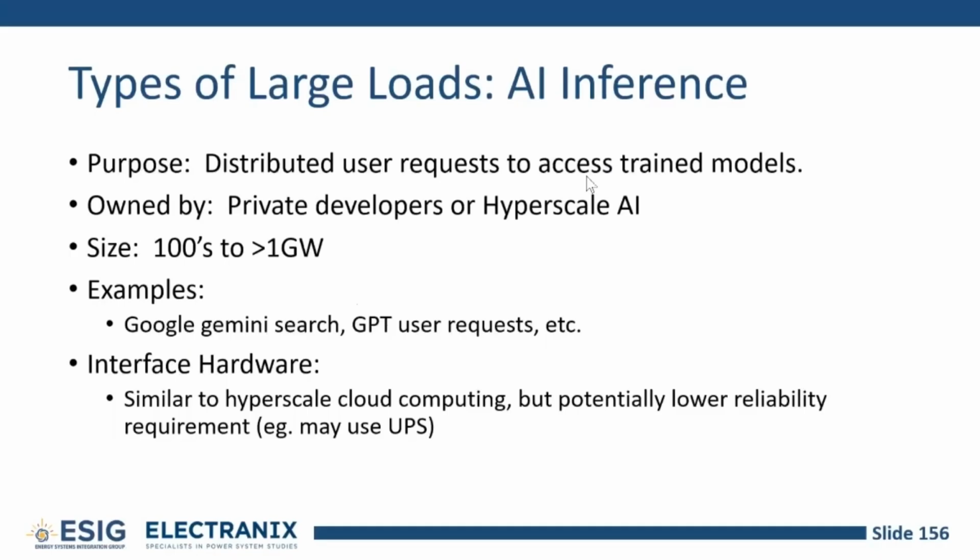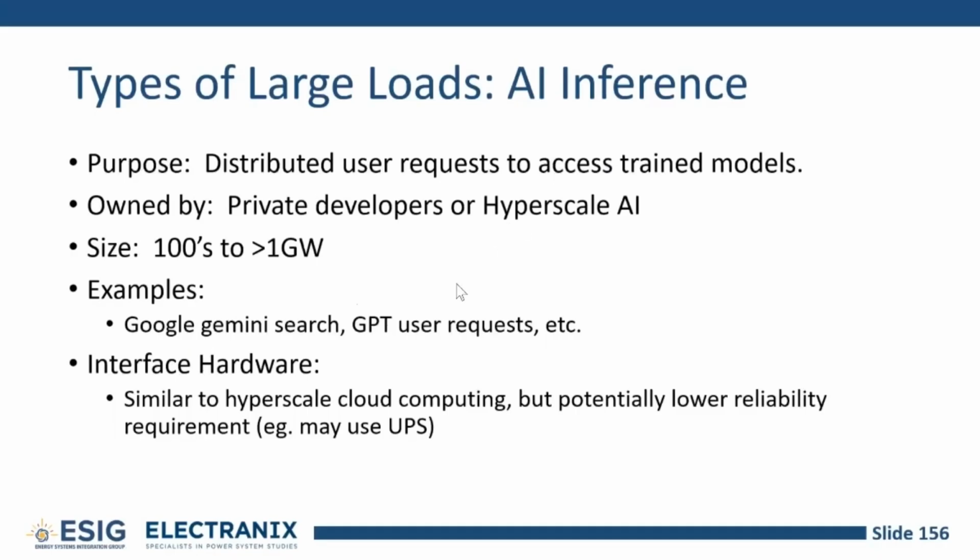But they might be customized power supplies, much larger power distribution units, or customized highly efficient power supplies as compared to the Bitcoin mining or crypto mining hardware power supplies.